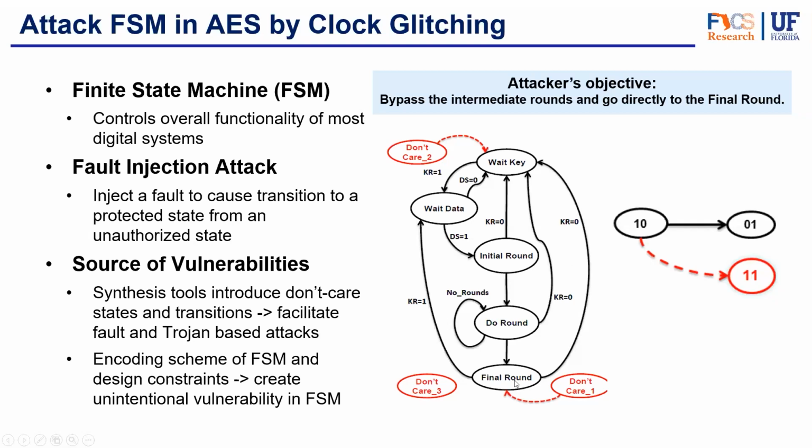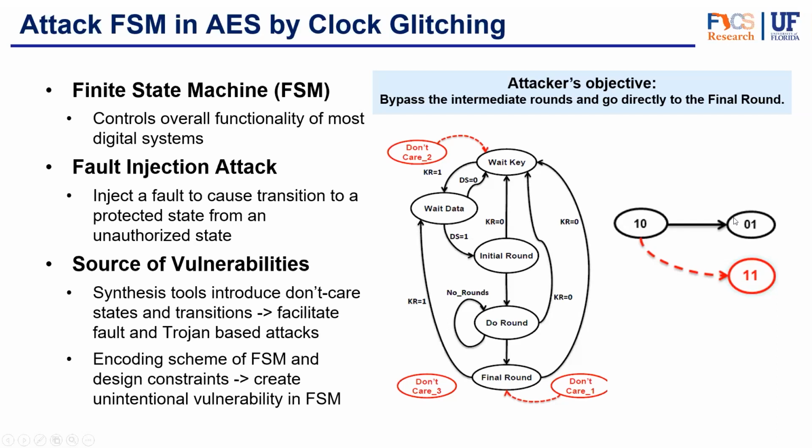Such faults can be injected by changing the setup time during some valid transitions in the design. For example, if you look here, we have 2 valid states in the design. In the transition from 10 to 01, because both of the bits are changing, both of the flip-flops are going to change.